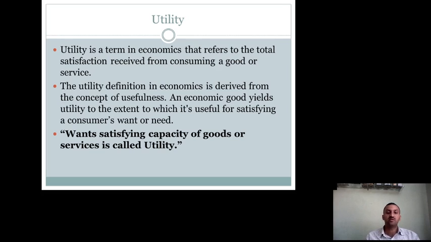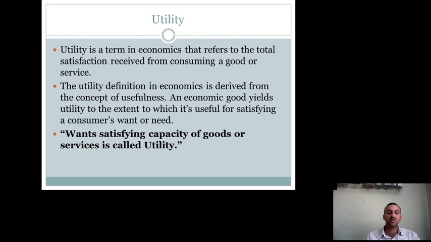After that, the next most important concept of economics is utility. Many times we use this word utility. It has various different meanings, but here, in the context of economics, we need to study this concept. Utility means usefulness.